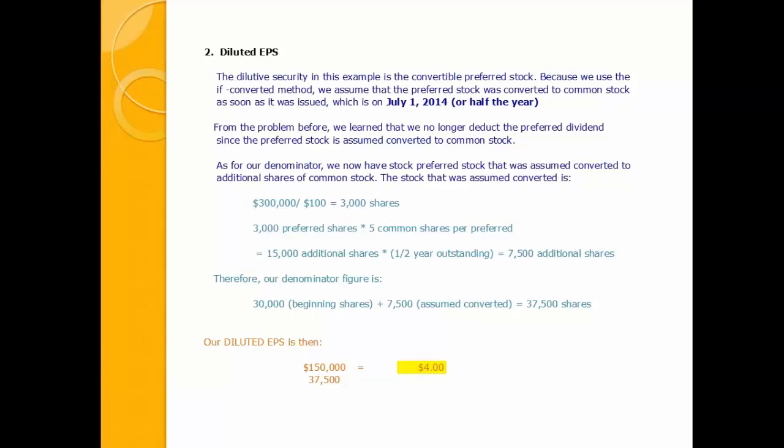So instead of the additional 15,000 shares, we only have an additional 7,500 shares, so it's 15,000 times 50%, which is 7,500. Therefore, our denominator is 37,500 shares, and our diluted earnings per share is $4 per share. So it's $150,000 divided by 37,500 shares.